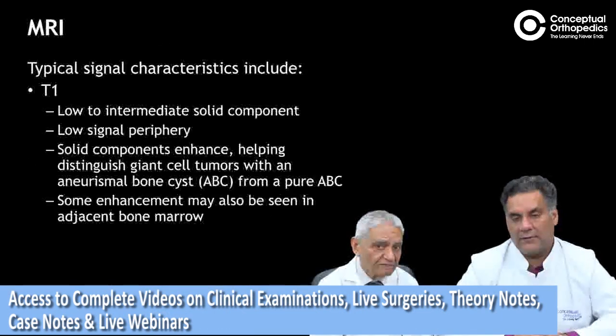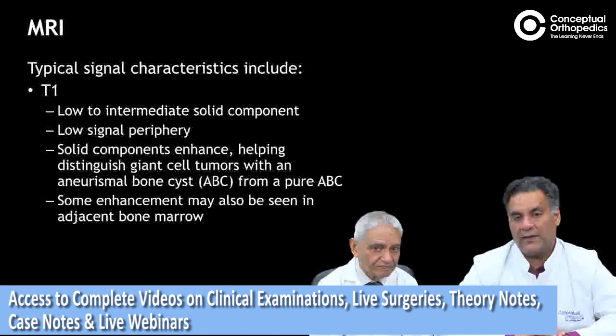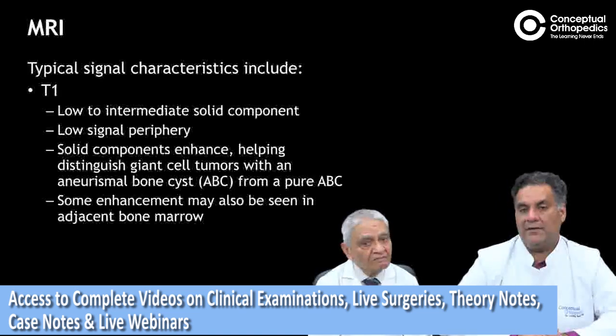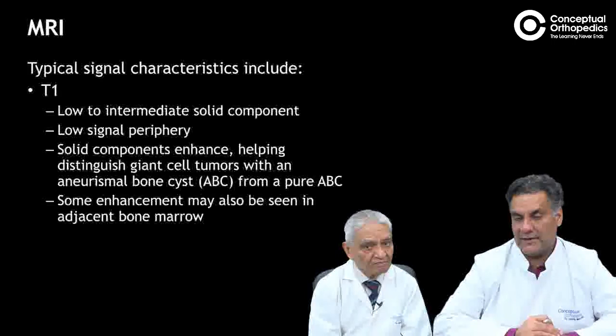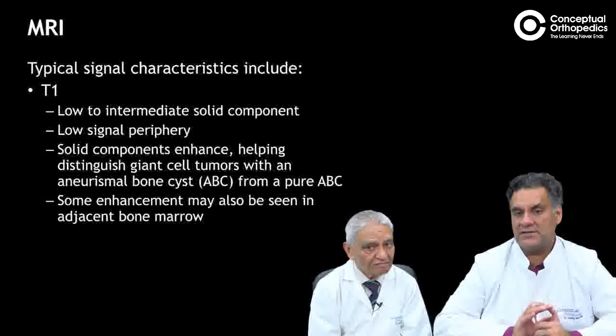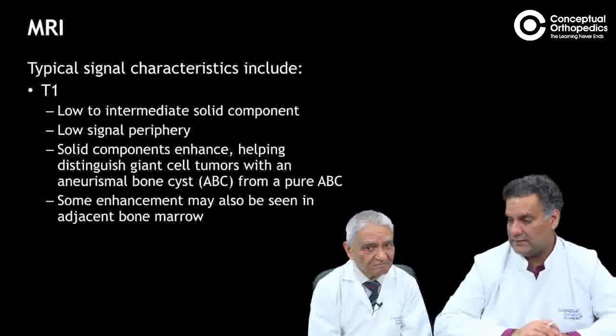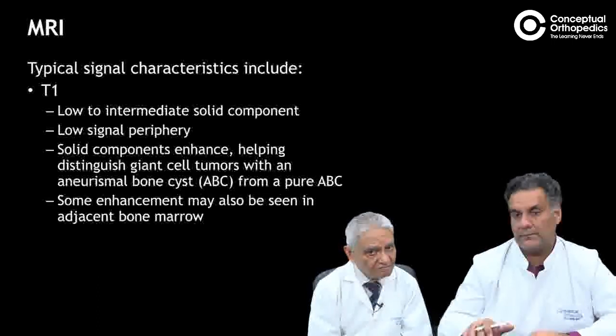In the world of advanced imaging technologies, MRI goes hand in glove in the life of an orthopedic surgeon. We have a T1 image which will show you the solid component, as sir has explained, with low signal at the periphery. The solid component enhances, helping distinguish GCT with an ABC from a pure ABC, because an ABC will have blood or blood clots, and some enhancement may also be seen in the adjacent bone marrow.